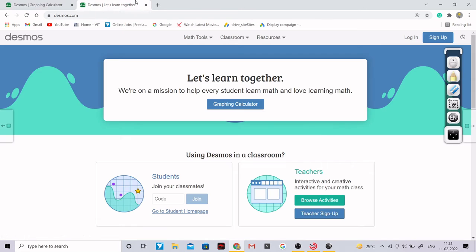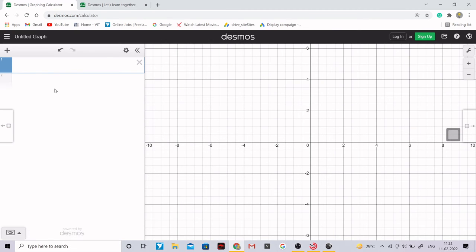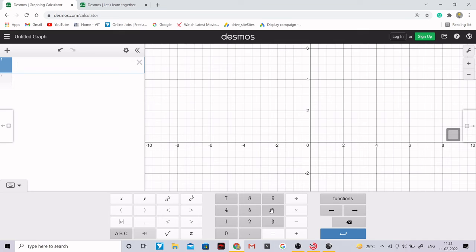After signing up, click over here on graphing calculator, and you will get this interface. Then click over here on the keyboard option. I'm not explaining this in detail now; I would explain it in the upcoming courses where we will be dealing with integration, differentiation and all, so you need not worry about this part.